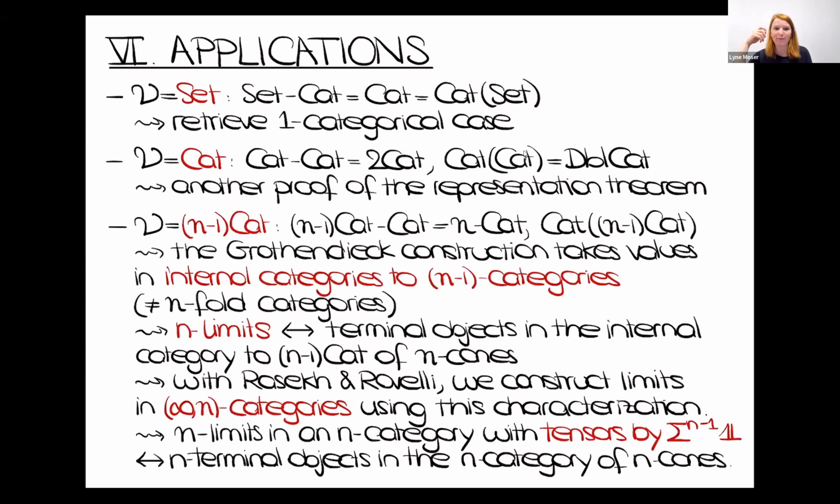I think it's really interesting to see how enriched categories and internal categories are closely related, and how internal categories are really useful to study enriched categories in general. It's also interesting, this idea of internal categories to n-1 categories. That's an interesting thing, not n-fold categories, but something different. Yeah, we should find a name for them. I think we've used up all the good names.